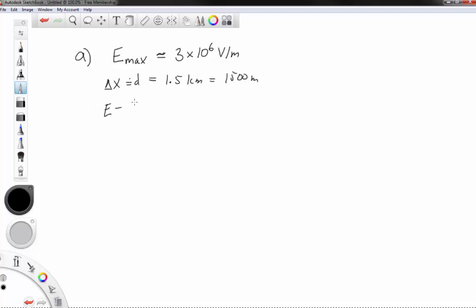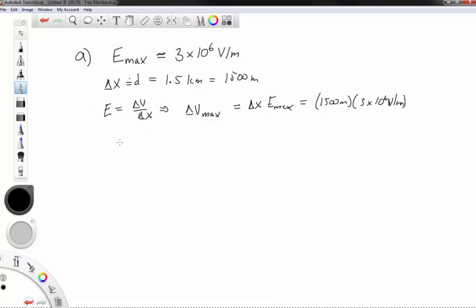Recall that E is delta V over delta X, so delta V max in this case, the potential difference between the cloud and the ground before the lightning bolt arcs, is going to be delta X times E max, which is 1,500 meters times 3 times 10 to the 6th volts per meter.